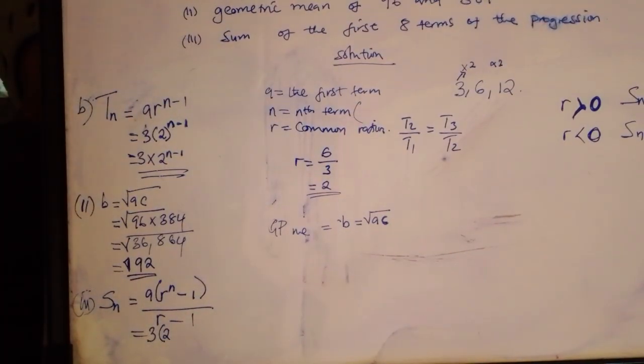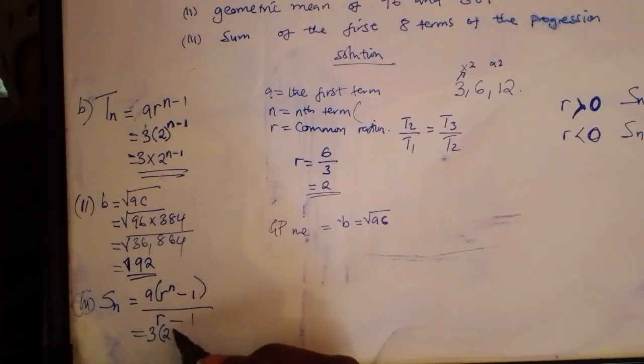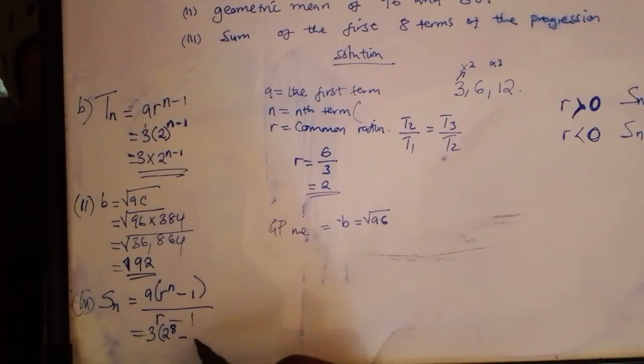What is our nth term? Remember I told you, n is the position. In our question we have been given 8 terms, so n will be 8. So r^8 minus 1, again divided by the common ratio minus 1.